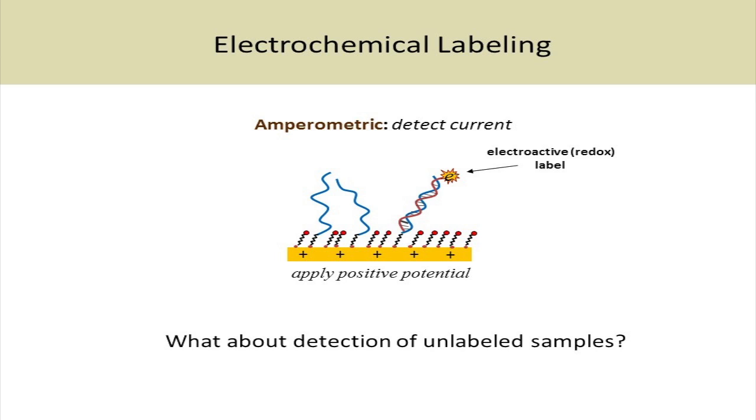And I may have a label that I can attach to my sample, and it's going to be an electroactive label. What that means is that it's some kind of a compound, some kind of a chemical group, that can give up an electron. And hopefully, it's stable enough. So when it gives up an electron, now it's oxidized, right, because it just lost an electron. But you want it to be stable against a nucleophile, because you'd like to be able to put an electron back, so you can look for the presence of the molecule over and over again.